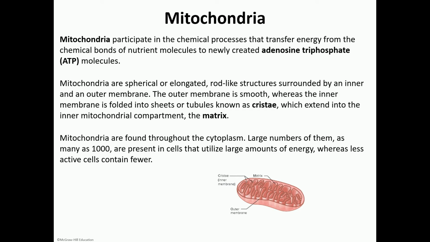A person who is athletic and trained, their skeletal muscles will have more mitochondria than somebody who is not athletic. So again, the number of mitochondria really varies according to the kind of cell and depending on the level of training individuals have.